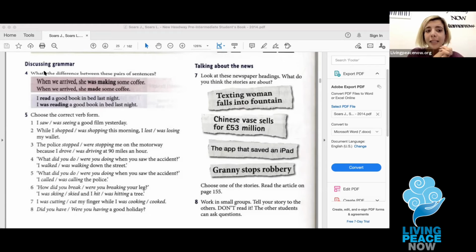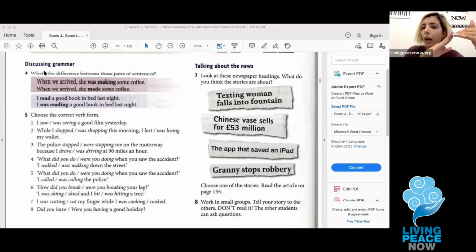However, in the second sentence, when we arrived, she made some coffee. It means we arrived, we went into the living room, we sat, and then Aisha went to the kitchen and made coffee. Before we arrived, she didn't go to the kitchen.